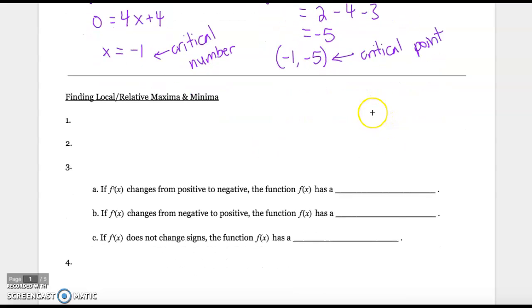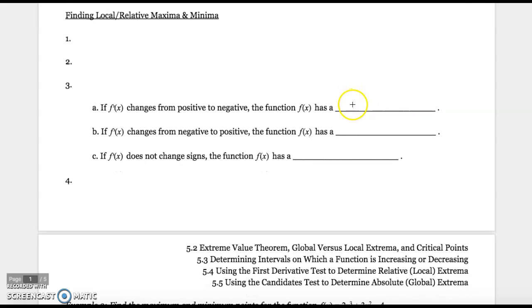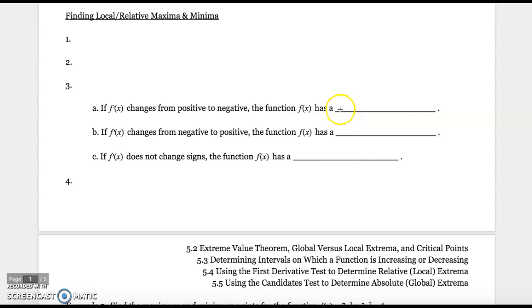And then the first thing that we can do with critical points is determine whether or not they represent a minimum or a maximum. Maxima and minima is the plural of that. So the first thing you do is you find your critical numbers.